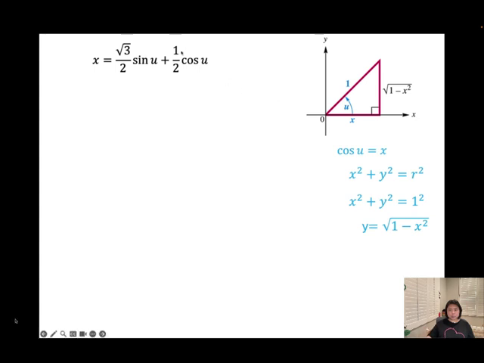Now we go back to this equation. What is sine u equal to? Sine will be equal to opposite over hypotenuse, which is going to be square root of 1 minus x squared. And cosine u will be adjacent over hypotenuse, which is x over 1. Plug it in.